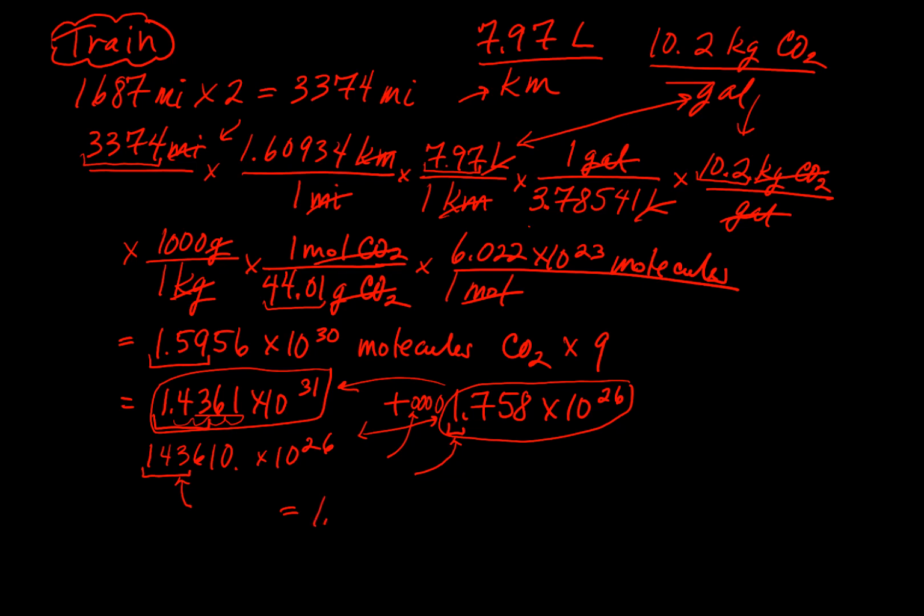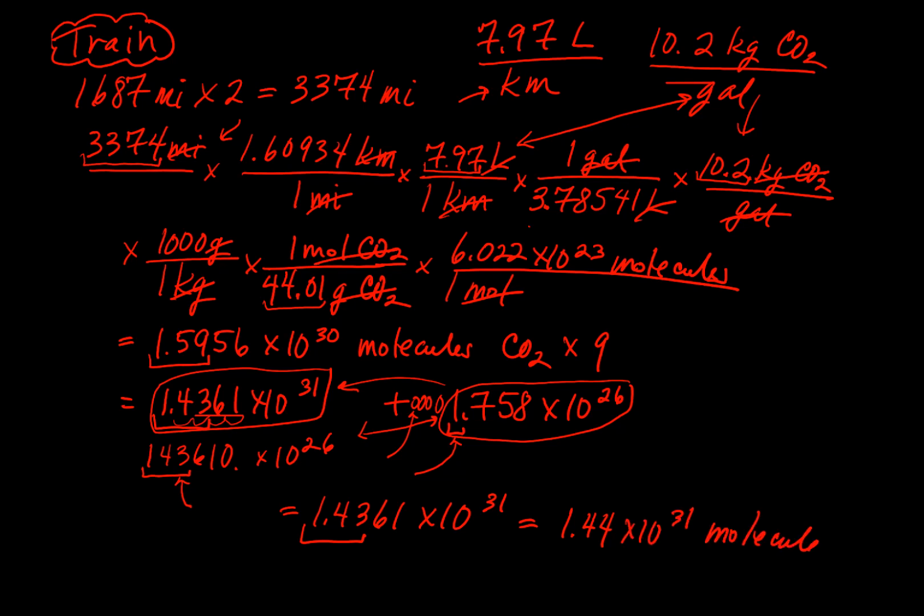Essentially, it'll give you 1.4361 times 10 to the 31. And then as a final step, we round that to the correct number of significant figures, which would be 1.44, right? Because there are three significant figures, times 10 to the 31 molecules.